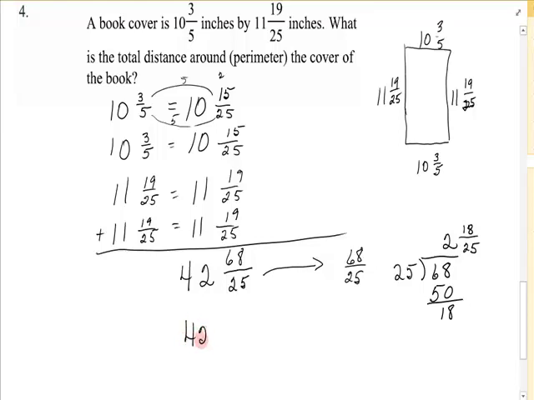I have 42 plus this improper fraction has become 2 and 18/25 for a final answer of 44 and 18/25. And that is the perimeter. It is the total distance around.